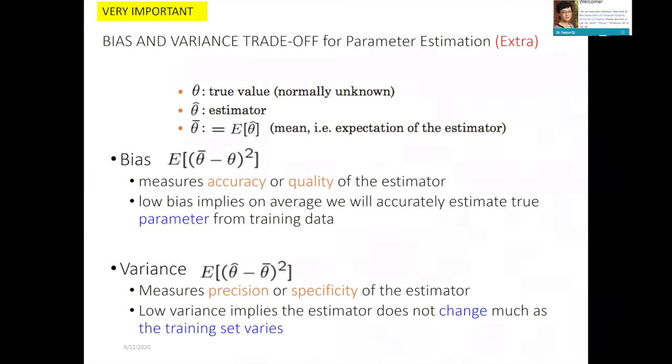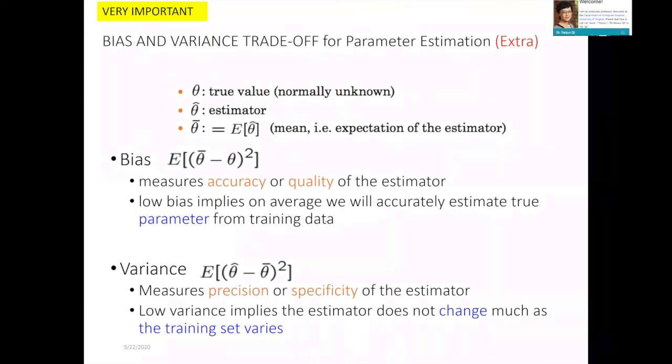Okay, so enough equations. Now let's look at a more visual, geometric understanding. Again, theta is the truth. Theta hat is the one you just estimate from a sampled training set, and theta bar is the expectation considering the randomness of the training data.